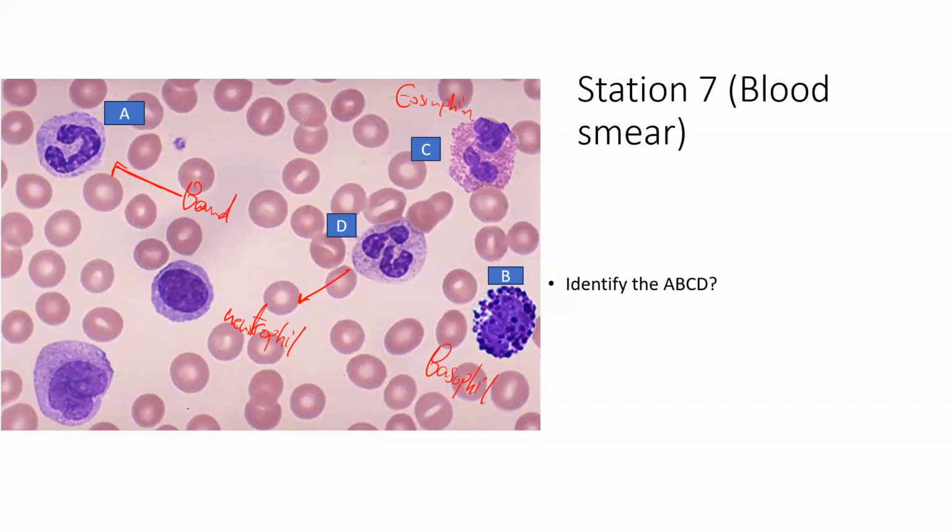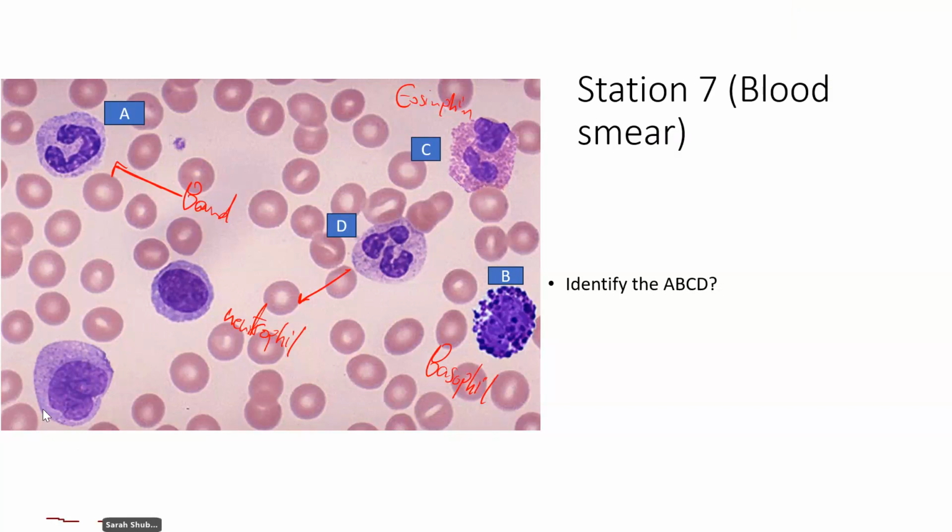Would the bottom left be a monocyte, or would it be like a precursor of band cell? Good question. I would say monocyte. I think this exact slide is in Dr. Rayhan's lecture.